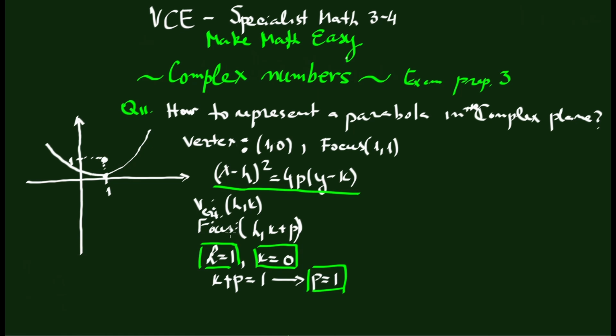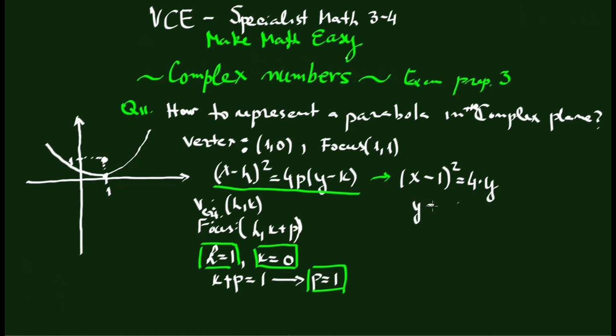So the equation becomes (x minus h) squared equals 4 times (y minus k), which is just 4y. That's our equation. That's a bit better written.